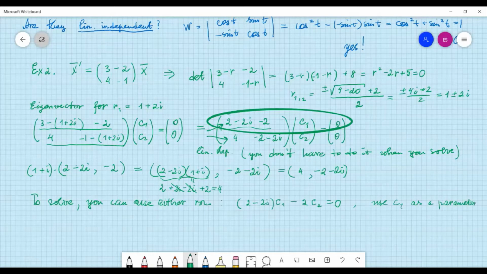And what am I going to have? 2c2 with minus equals minus 2 minus 2i. And you see, I already missed a minus over here. Minus c1. Well, canceling this minus and this minus is going to give me that c2 equals, dividing by 2 both sides, minus 1 minus i times c1, right?